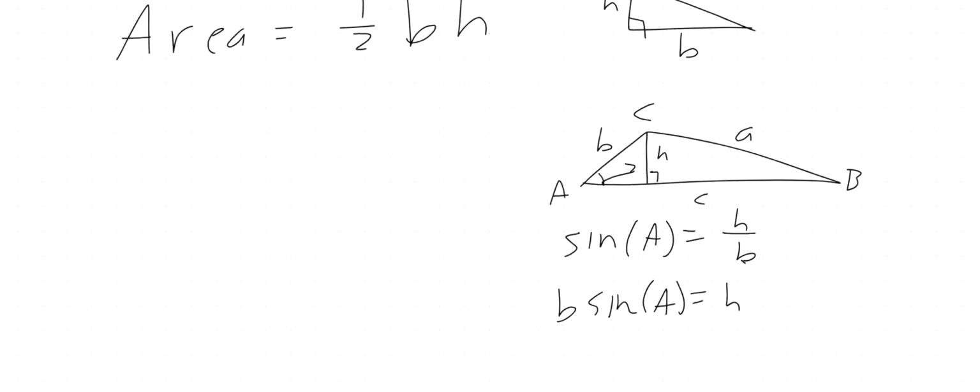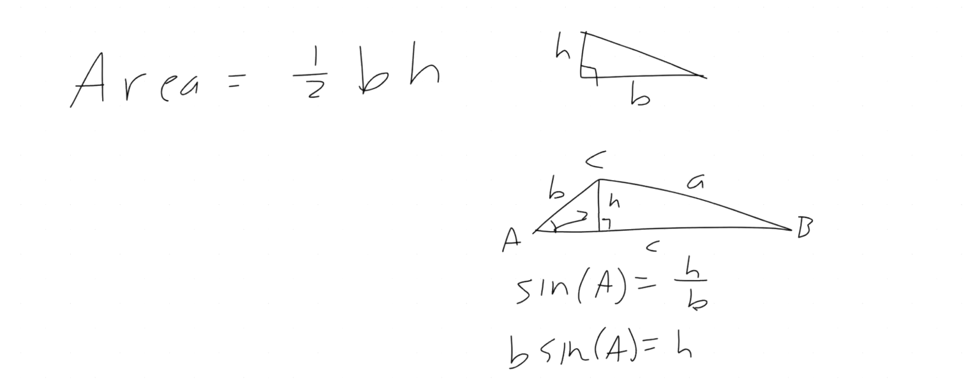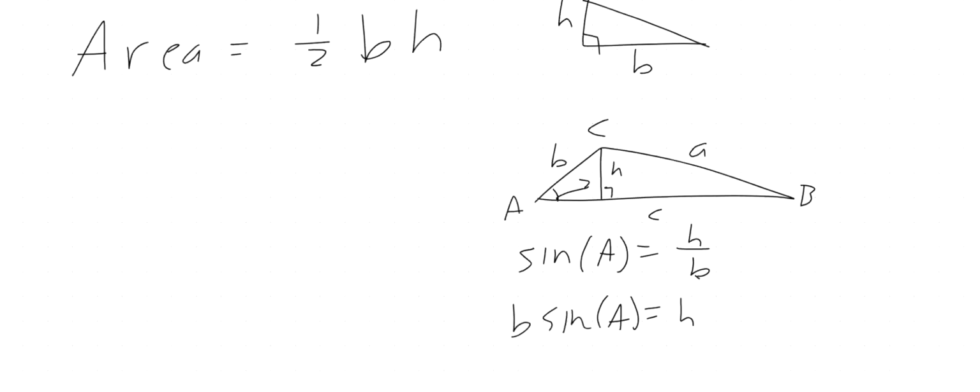So back to our equation here. Actually, we'll have to modify things a little bit. Our area still has the 1/2. Now our base, we don't call it b. That's going to be our c side here.